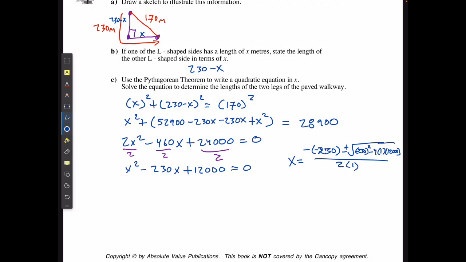Or I can factor it. Two factors of 12,000 that add up to negative 230 are going to be negative 150 and negative 80.